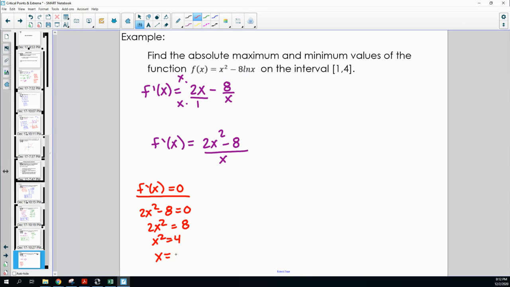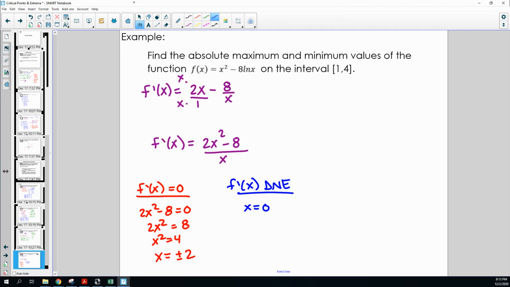So x is equal to plus or minus 2. And then f prime of x does not exist when the denominator is 0, so when x is equal to 0. So I have 3 critical points here. I have 2, I have negative 2, and I have 0.